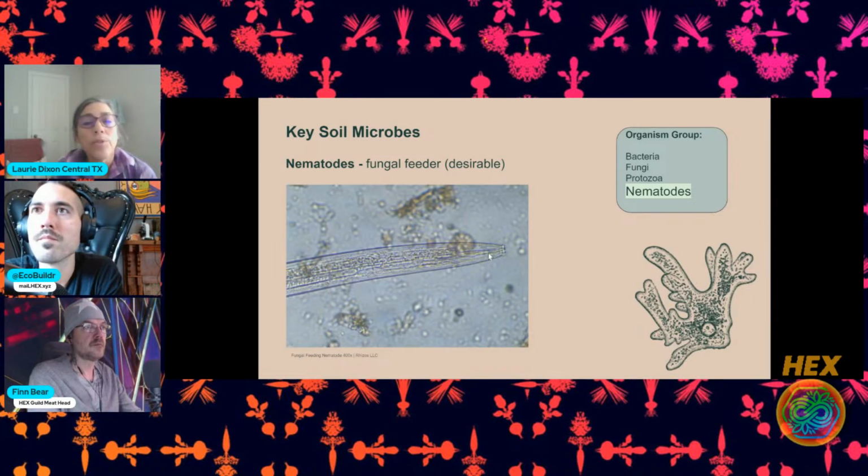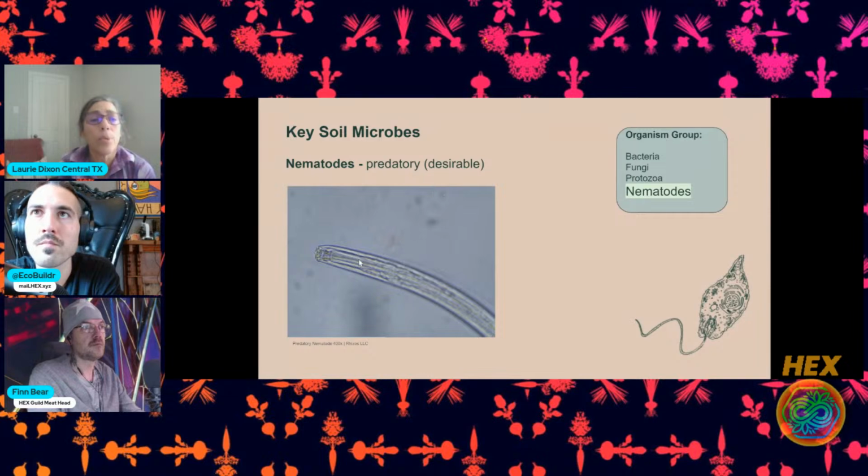This is a fungal feeder. We identify them by their mouth parts mostly. If y'all wanted to get into those details, we could, but we're just looking at the function, looking at their mouth parts and other body parts to determine, is this going to be functionally a bacterial feeder, a fungal feeder, predatory.